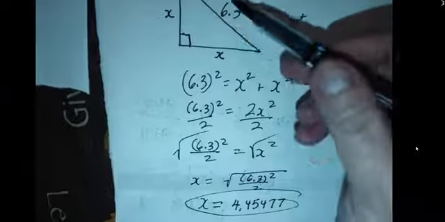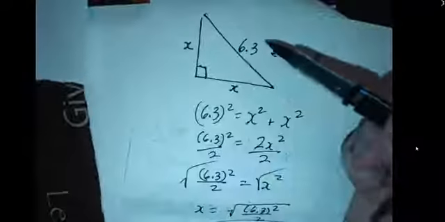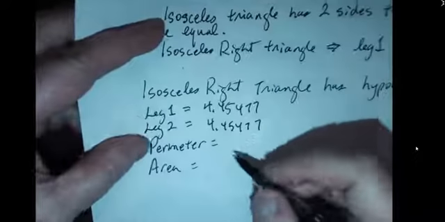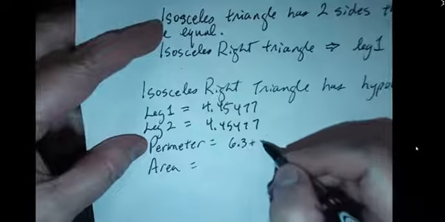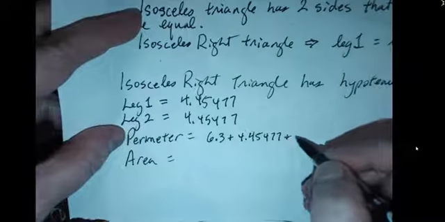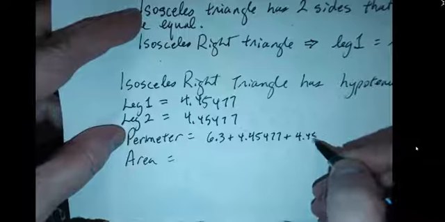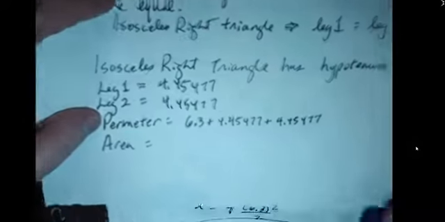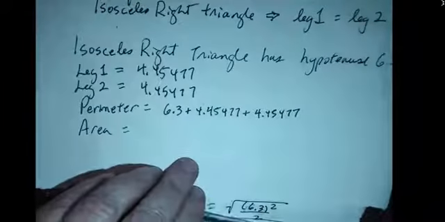Now perimeter is just the 3 sides added up together. So the hypotenuse plus leg 1 plus leg 2.